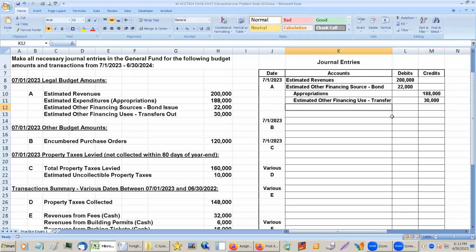Okay, and those do not add up. What do we need to make this balance? The budgetary fund balance is the plug number that we need to put in. And by the way, they go nutty on this one too.